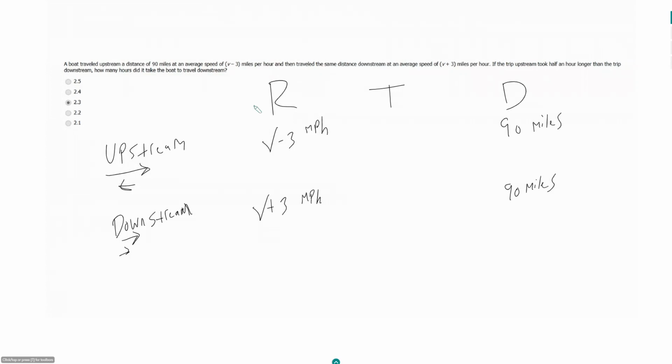And then we know our trip upstream took 30 minutes longer. And so if we are putting everything in hours, if our time for going downstream is t, and that is what we are solving for, then our time to go upstream is going to be t plus 1/2.